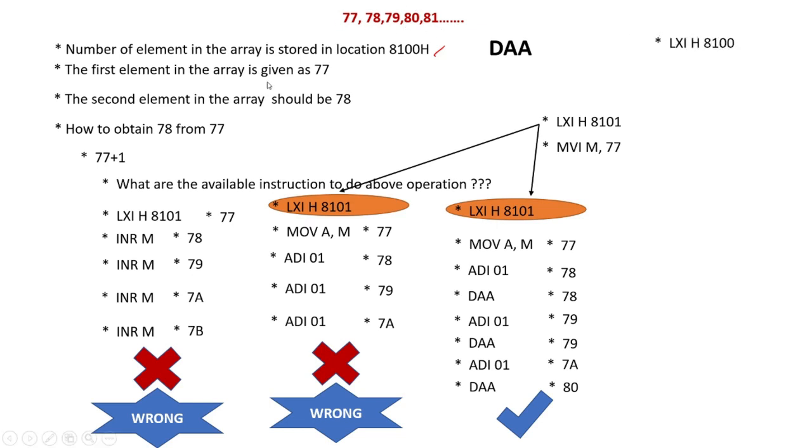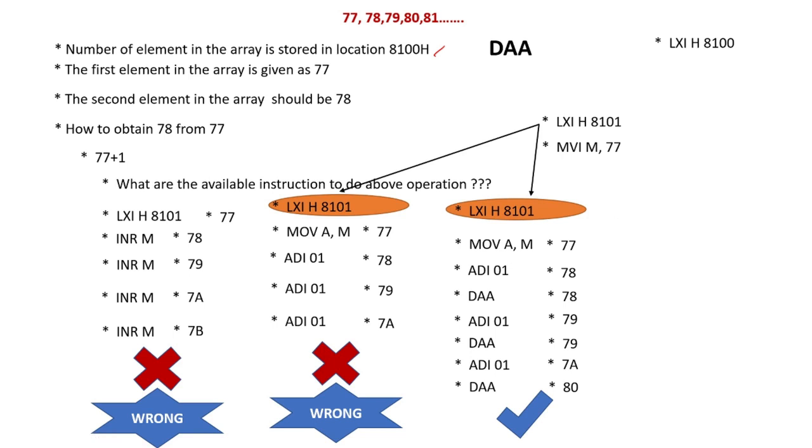First of all, as mentioned in the question, the number of elements in the array is stored in location 8100. In order to ensure all elements in the array are taken into account, we need to use that count.